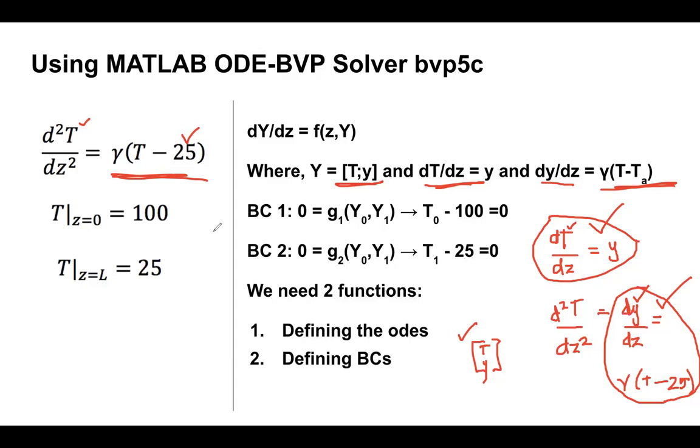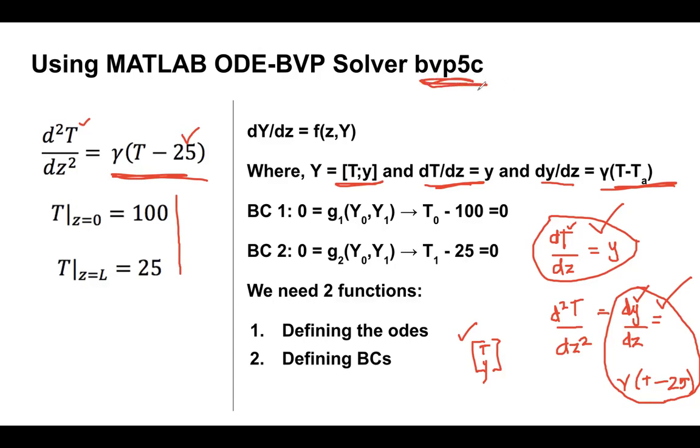Next, you need to somehow encode this boundary condition. Earlier, with the ODE solvers, ODE45 or ODE15s, we could give the initial guess. But those solvers, ODE45, ODE15s and so on, we can only use if it's an initial value problem. If it is a boundary value problem, we have a different solver altogether in MATLAB, called BVP5C.